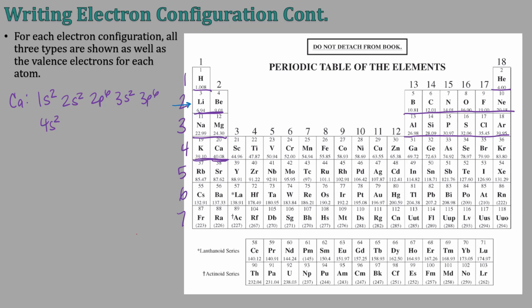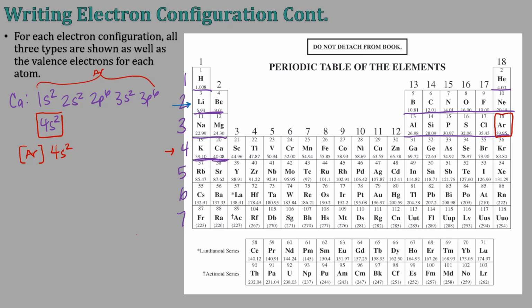So its valence shell is the 4th shell, the outermost shell, and it has 2 valence electrons in that 4th shell. All right, if we're going to write the noble gas configuration, we would have to use argon, because that is the noble gas that comes before calcium, and it would have the notation after that of argon 4s2, and that would be it. So this right here is for argon.